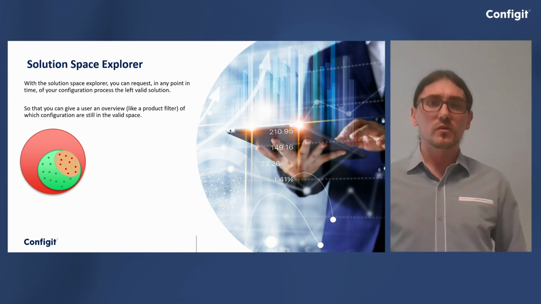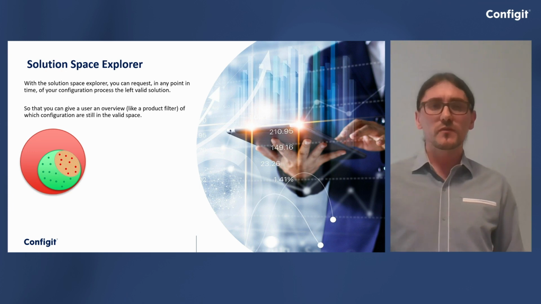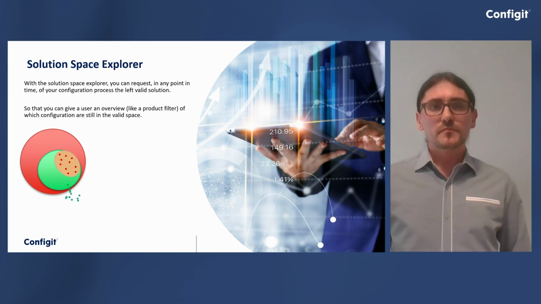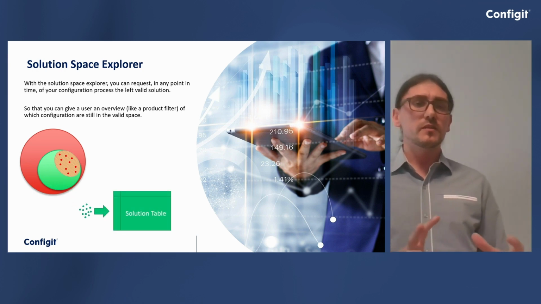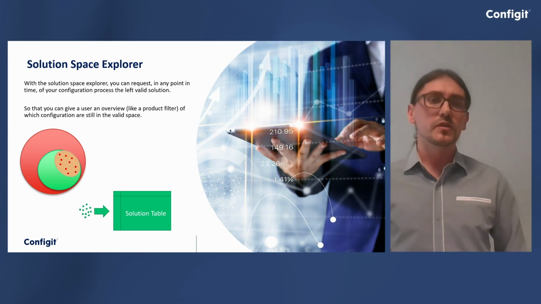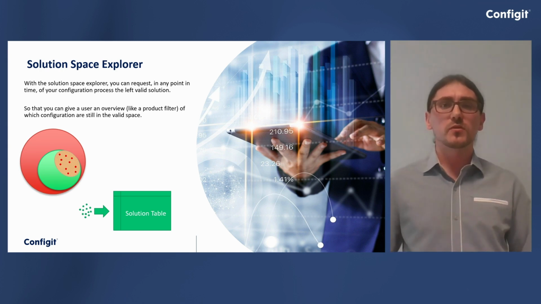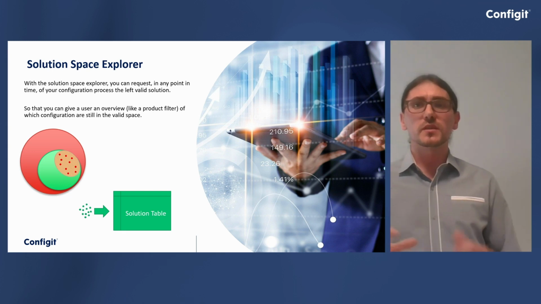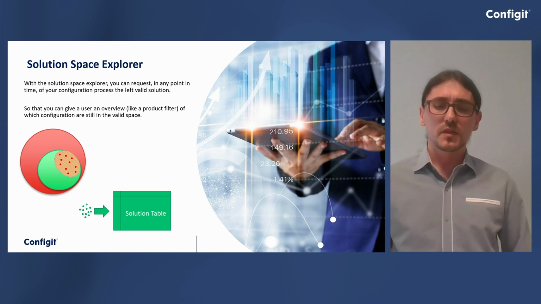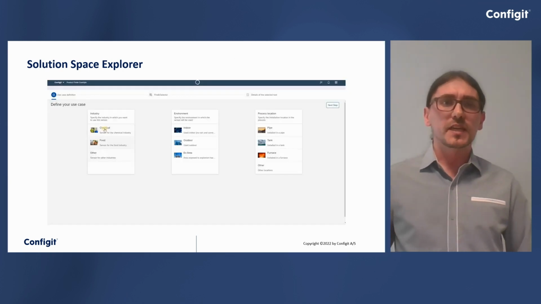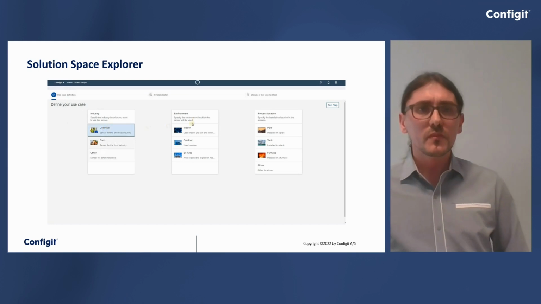If you would like to get all of them in a list and table view, you can use our Solution Space Explorer. This one will take the available valid combinations and convert them into a solution table. And this solution table you can present to a user as a kind of product selection, for example, for component configuration. And that's what we have in the next video.